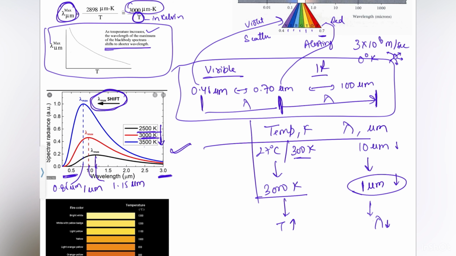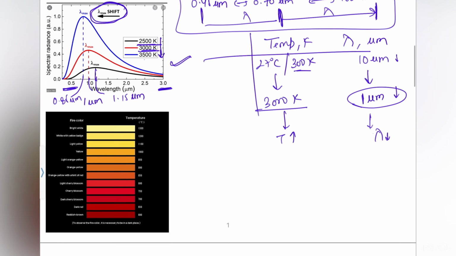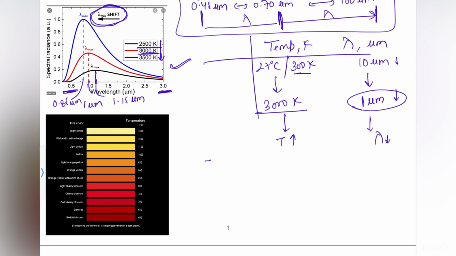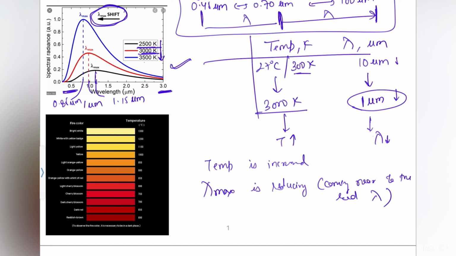So to conclude, as the temperature increases, the lambda max value, the maximum wavelength, reduces and comes near to the red wavelength.